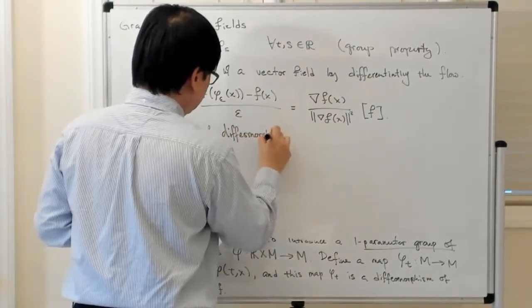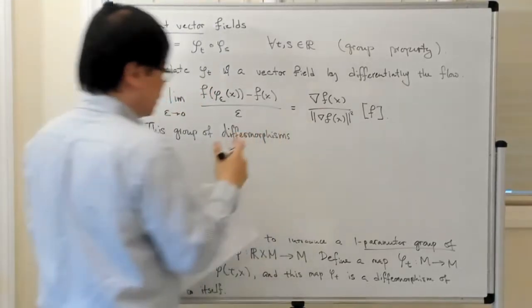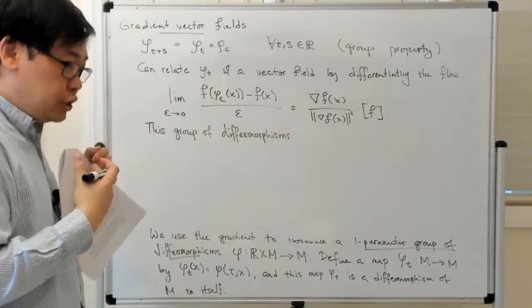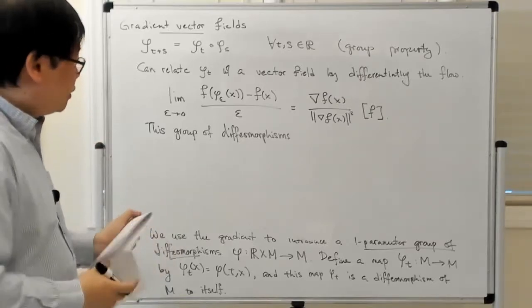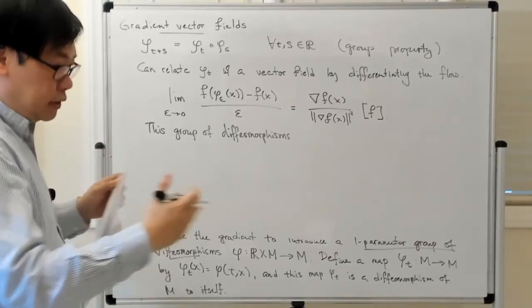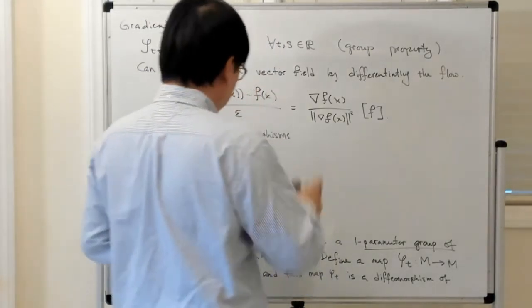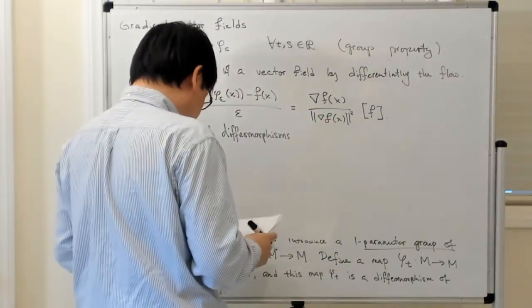The best way to think about it is that this group of diffeomorphisms describes the evolution of the sublevel sets as the parameter of the sublevel set varies, which is perhaps not so surprising because it's related to the gradient of the function.